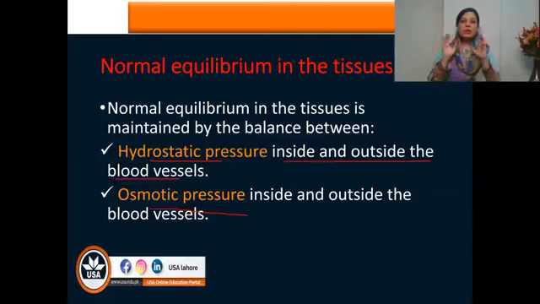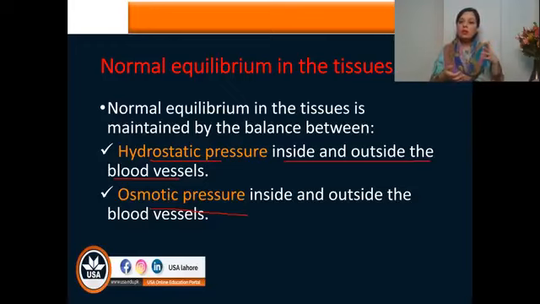What it is, basically, we know in physics, is that fluid moves from higher hydrostatic pressure towards lower hydrostatic pressure. The second one is osmotic pressure. That depends upon the solute. Here, the solute particles are our albumin proteins that are produced by the liver. So osmotic pressure inside and outside of the vessel also comes into play.